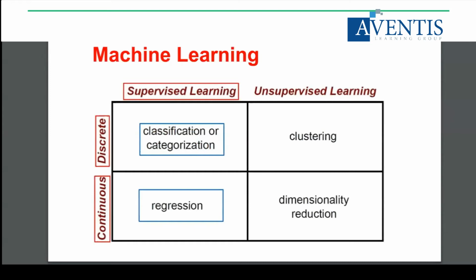There are several classes of machine learning, but the two most famous ones are supervised and unsupervised learning. There are reinforcement learning and semi-supervised, but these are the two most common. One is supervised, another is unsupervised.